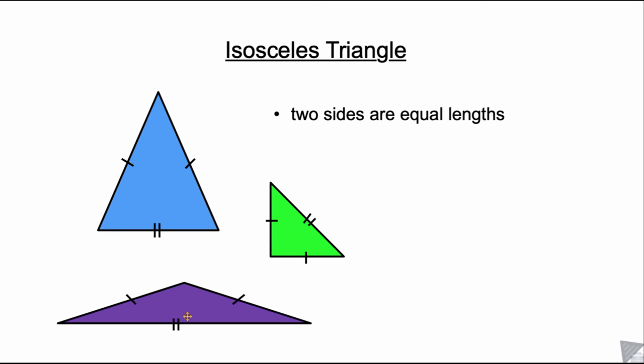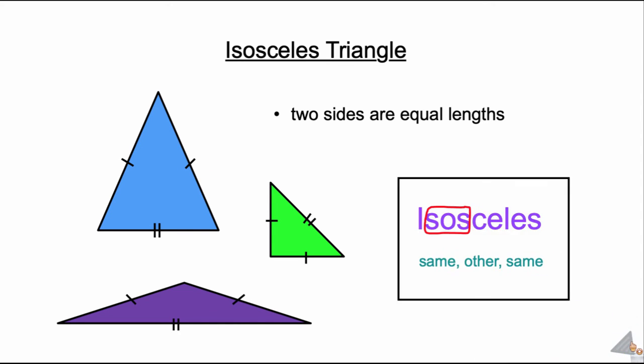Down here in the purple triangle, we have two that are the same, and one that is different. And over here, this is a right triangle, where these two sides are the same, and then this long side right here is different. So these are different examples of what isosceles could look like, but the main thing is they all have two sides the same and one side different.